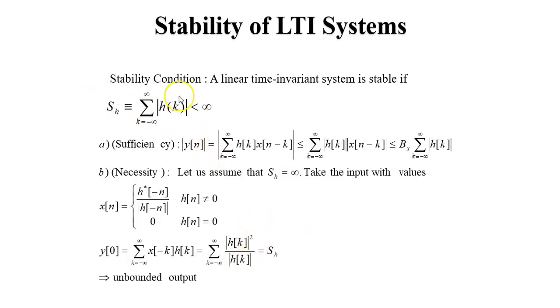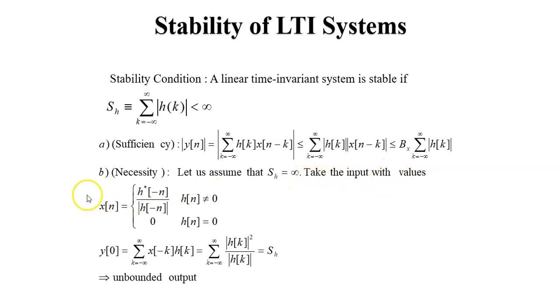This is the stability condition of the system as we discussed. For a linear time invariant system, it will be stable, sufficiently, if it satisfies this condition, and for necessity, let us assume that S of h equals infinity.